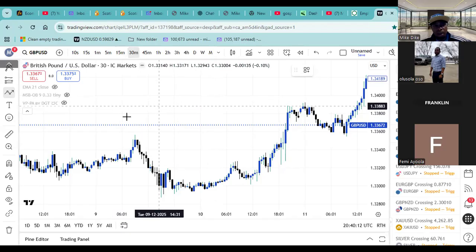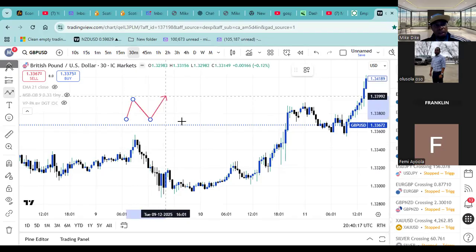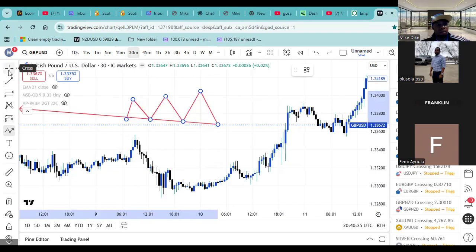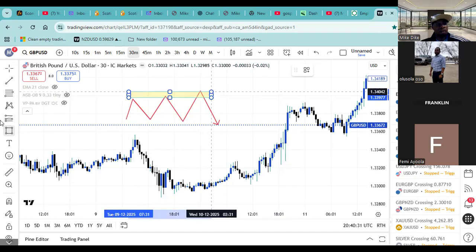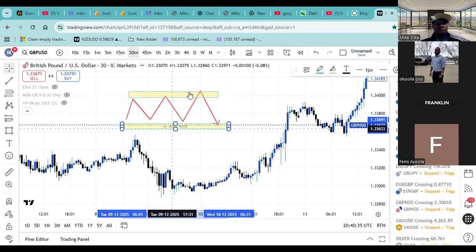Let's say I spot it out here on the lower time frame. It's going to be resistance and support, and I will take it as ranging.